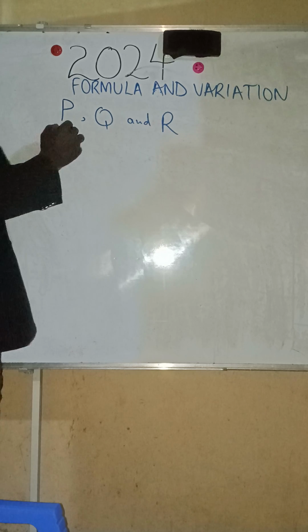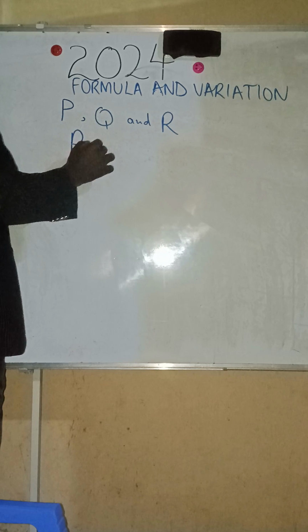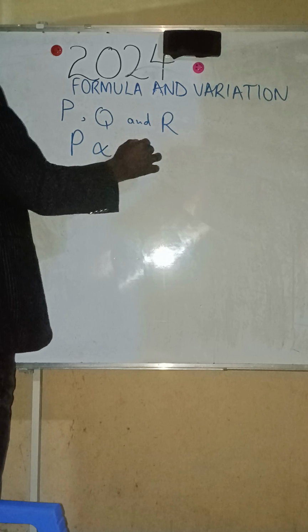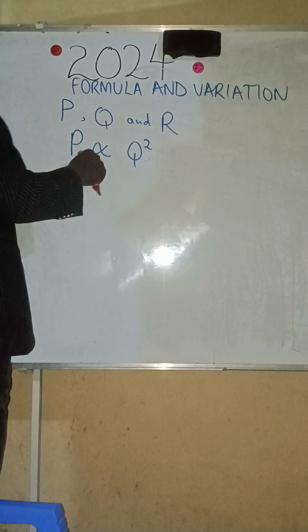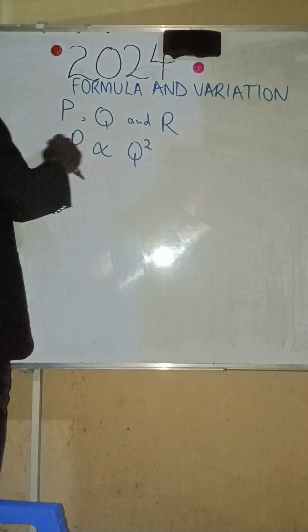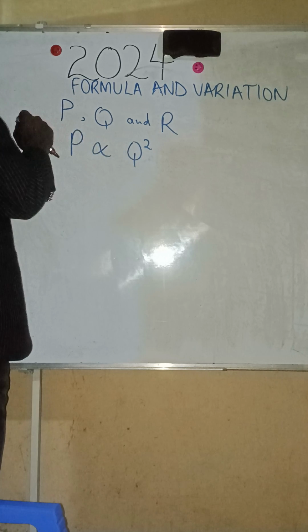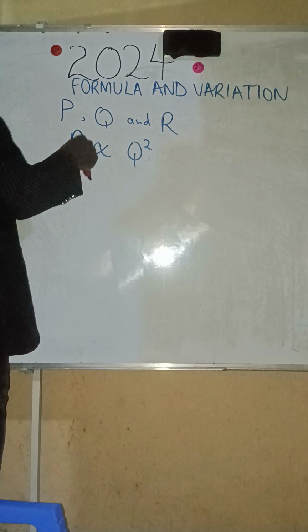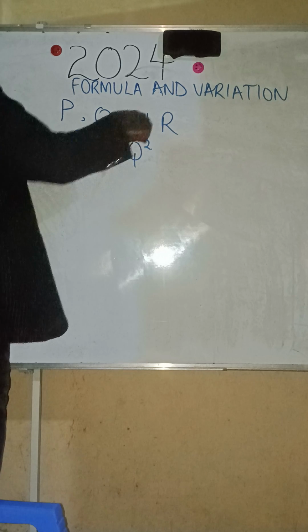We are told that P, the first variable, varies directly as the square of Q. So P varies directly, that means they face each other directly. That means P is varying directly as the square of Q.